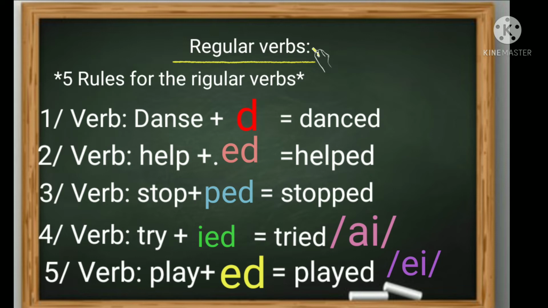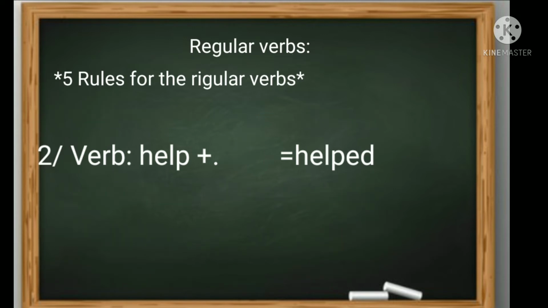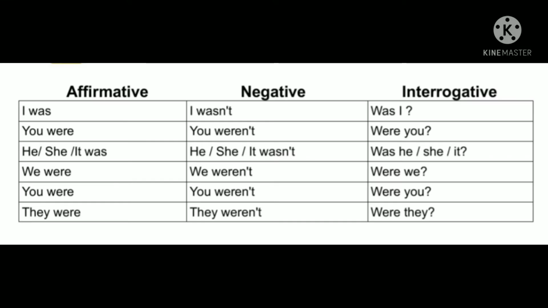Okay, and we have the verb to be in the past simple with I and you and we and many of these pronouns. Well, we say I was. There are some people who sound it like I was. It's the same, but just sound it like was, and it will be clearer and more like English.